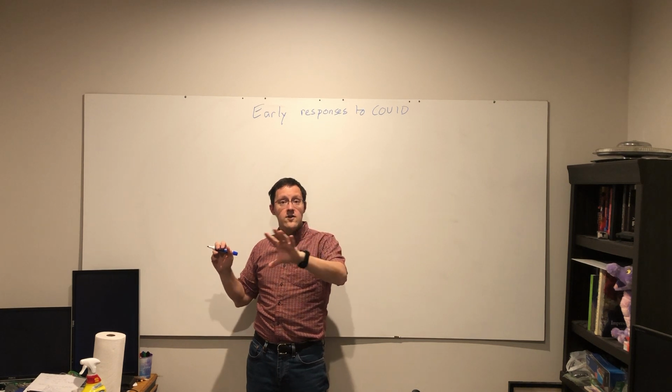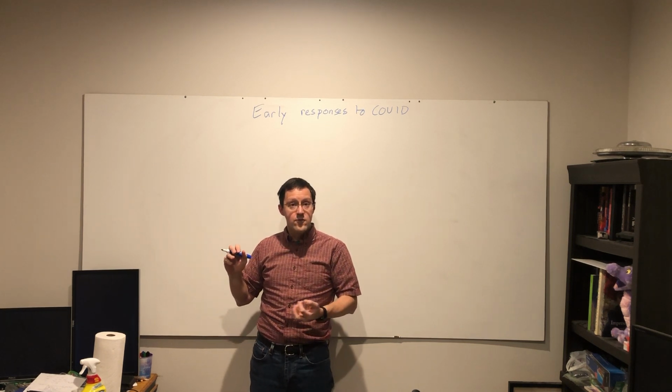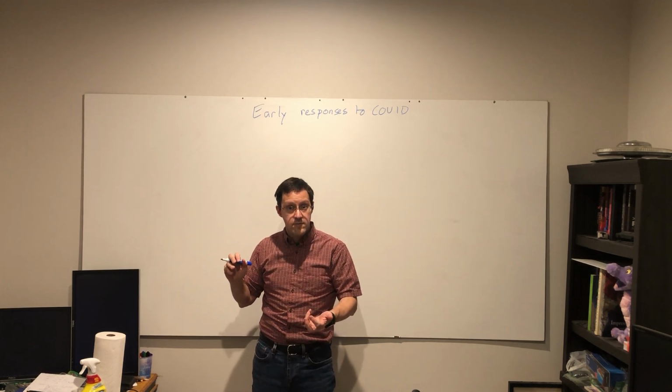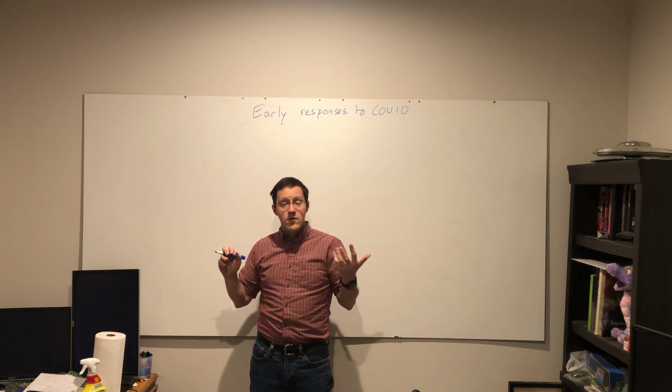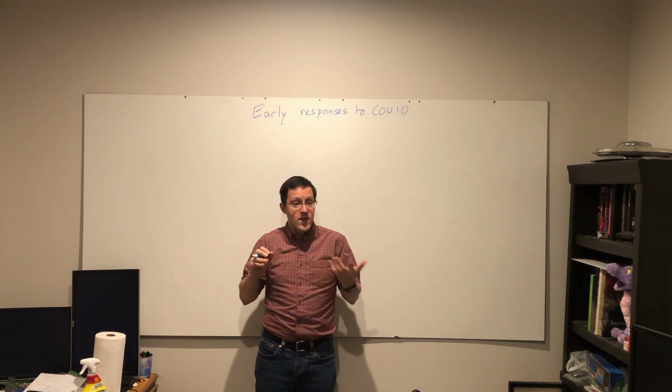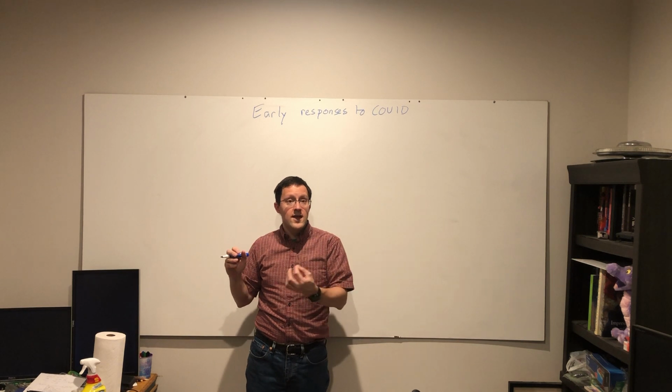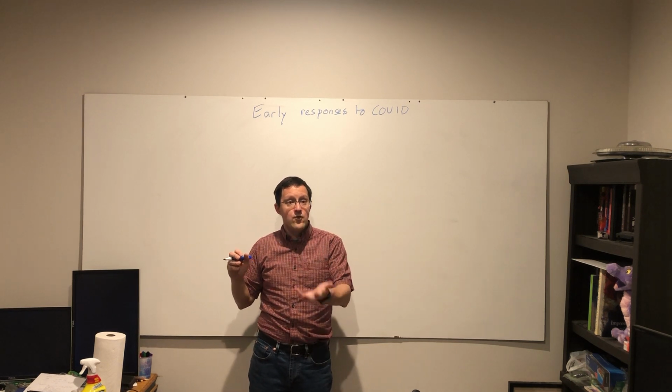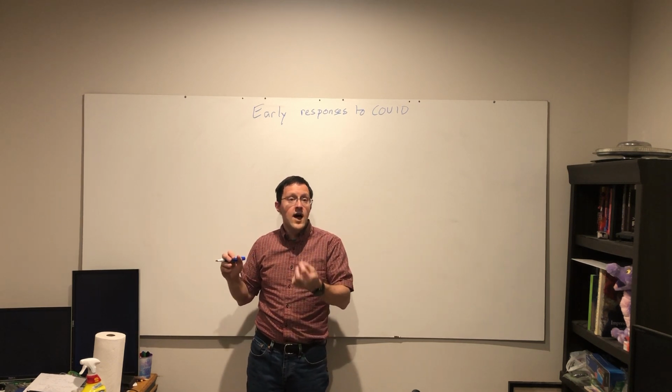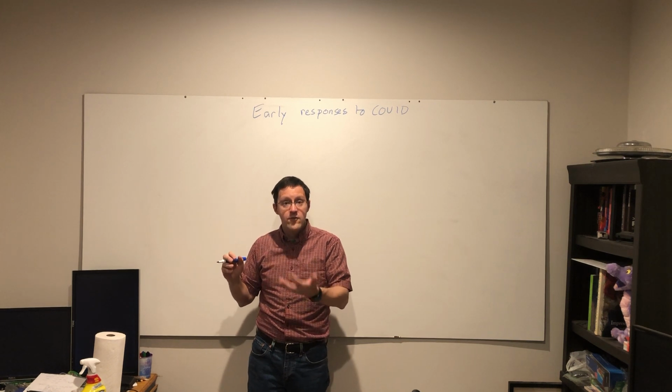How did that shape people's willingness to take action and to get tested? So things like, if there was poor equity in access to testing sites, how did that affect people's willingness to get a test?